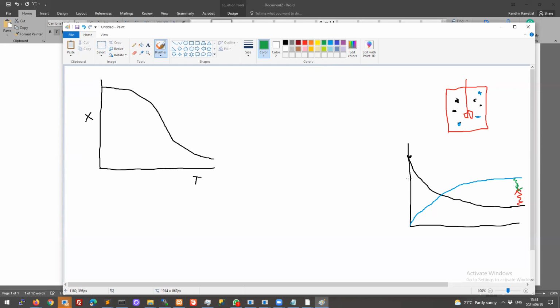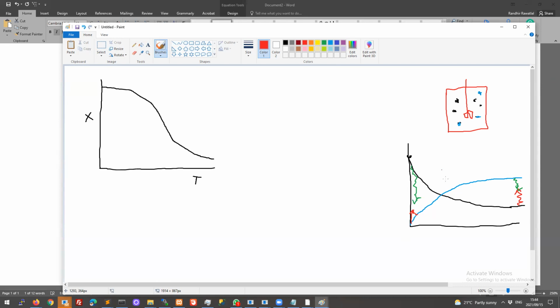You see, initially, these rates are not equal. Initially, you have so much A that you've got a much higher conversion of A to B. It's something like this initially. It's something like this here. And then for B, it's something like this. So initially, there's an imbalance.